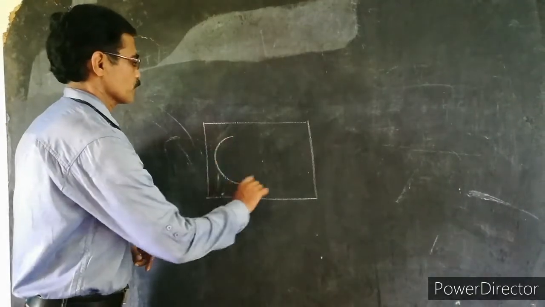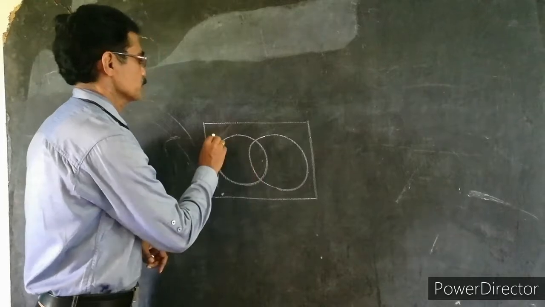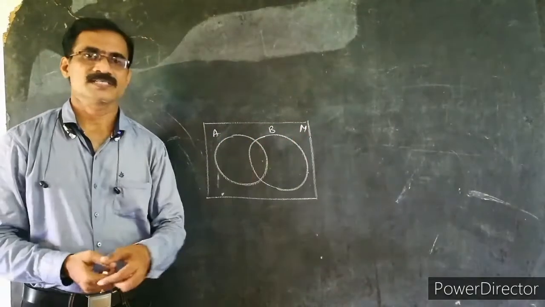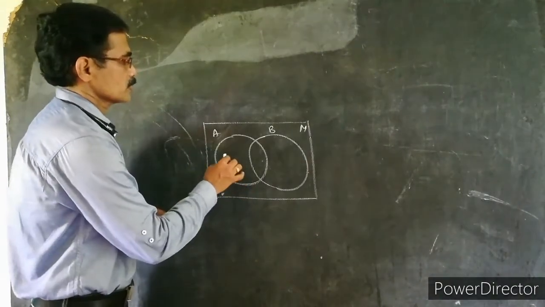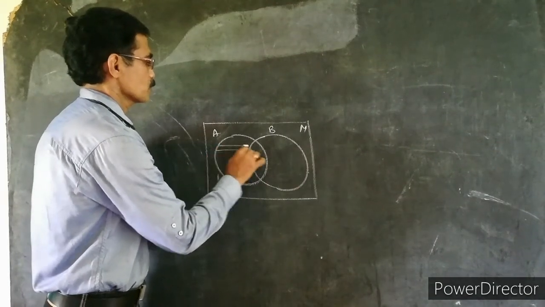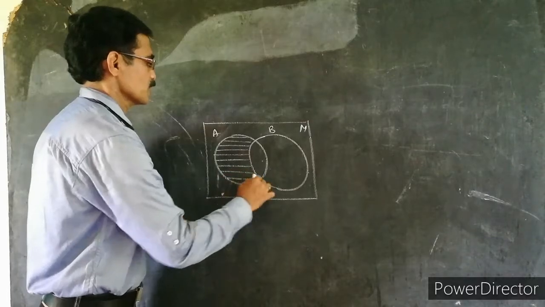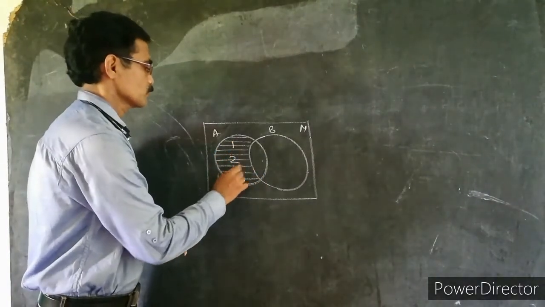Let us see. Okay, this is set A, this is set B, and a rectangle set is denoted by mu. A minus B means here you have to write the elements only in A. Means you have to shade in only A. That is 1, 2, 3.